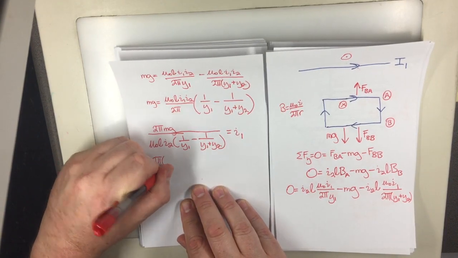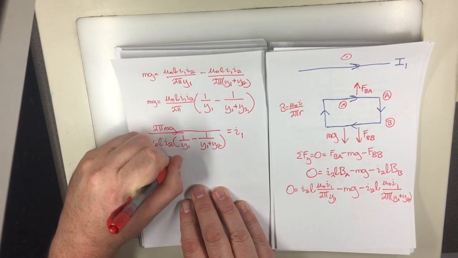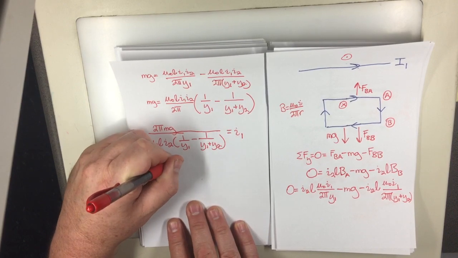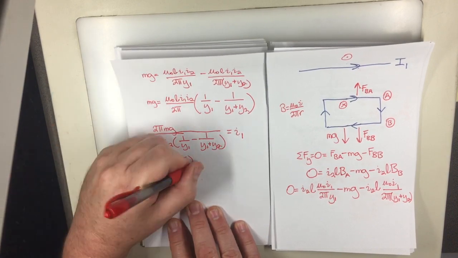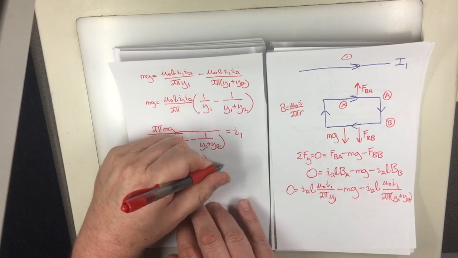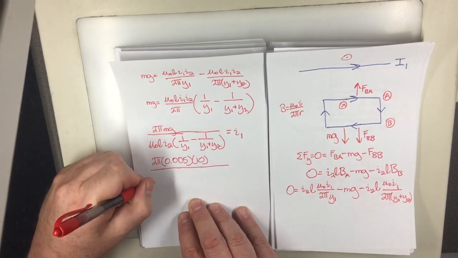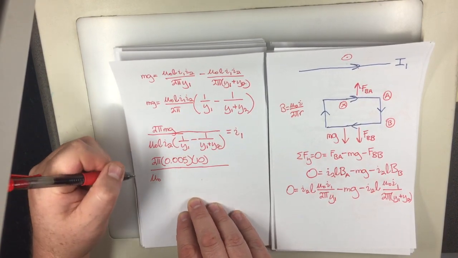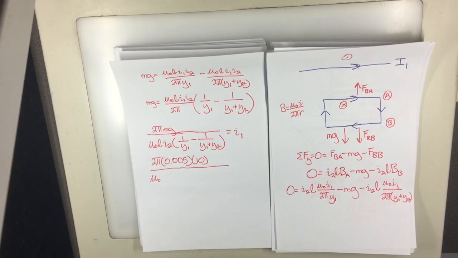2 pi, m is 0.005, g is 10. Mu naught, let's get the numbers to cancel out well. This is how I kind of do things for class or for tests.